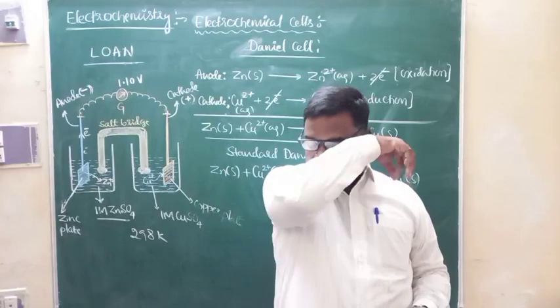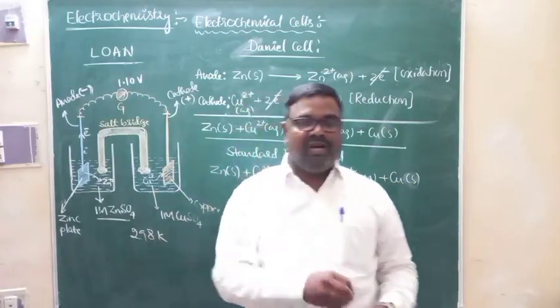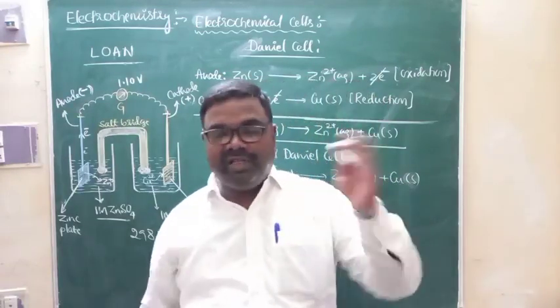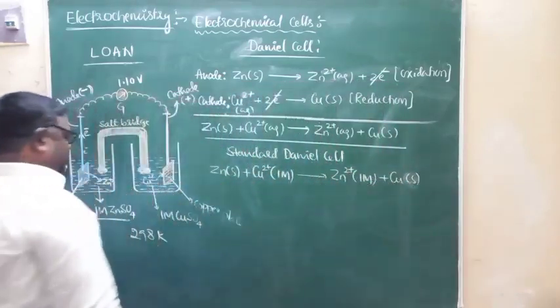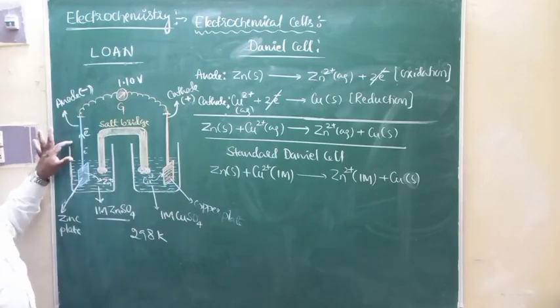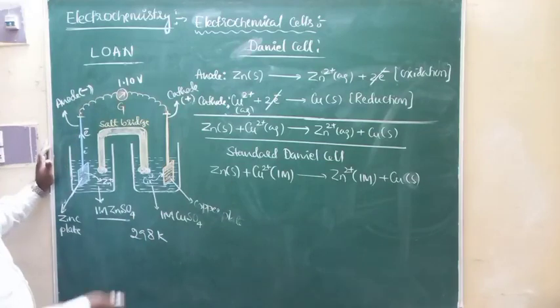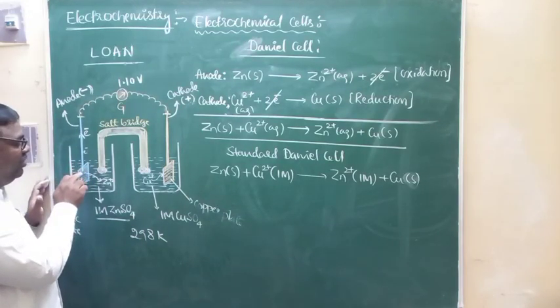As far as zinc electrode is concerned, out of zinc electrode and copper electrode, zinc electrode has more tendency of losing electrons compared to copper electrode. Because of that, oxidation takes place at zinc electrode, and there is a flow of electrons from zinc to copper.